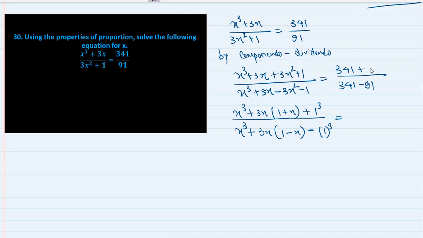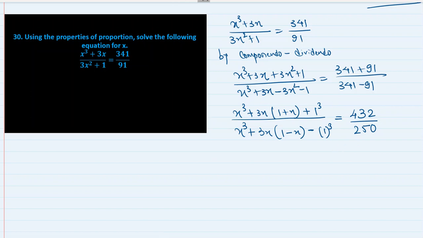Let me just write it properly. So 1 plus 1, 2. 4 plus 9 is 13, 3. And this will be 432. This will be 1 minus 1, 0. 34 minus 9 will be 25. Great.